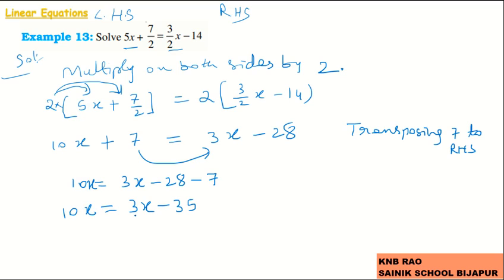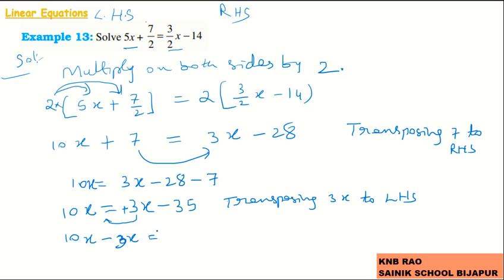Now students, by transposing this 3x to the left hand side, because it has a positive sign, if it comes to this side it becomes a negative sign, or you can say it becomes a subtrahend.